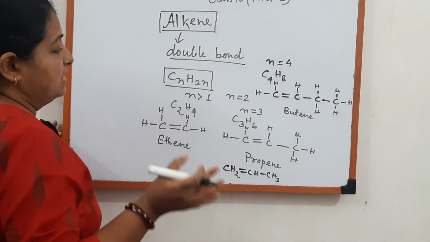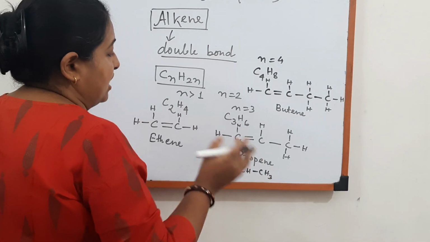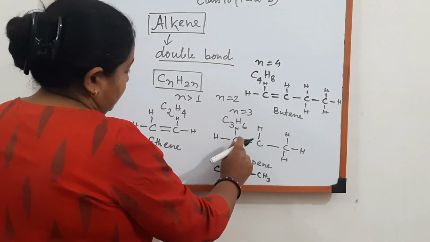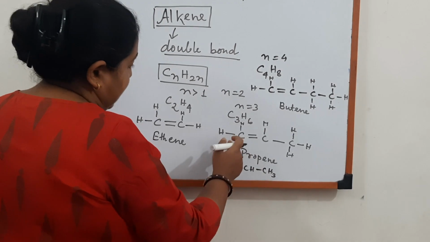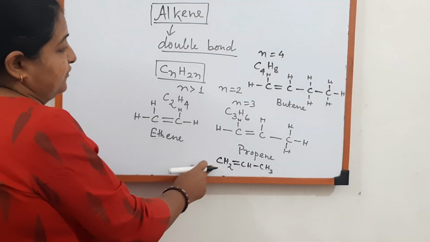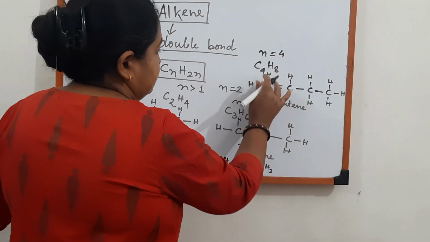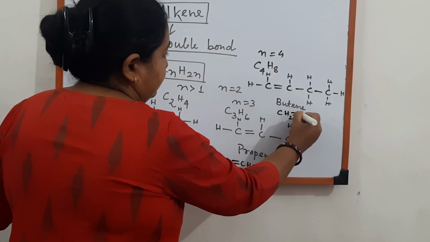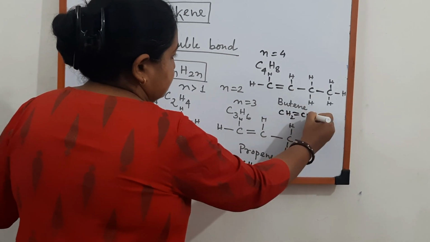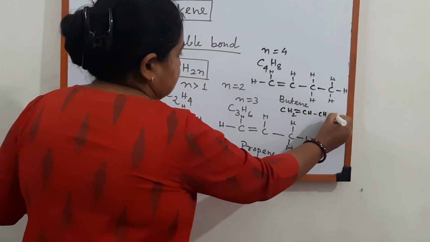But when we are just learning how to write the structures, if you are confused, you can write in this form and then convert into this form. This is CH2. Now there is a double bond CH. Again this is CH2 and CH2.